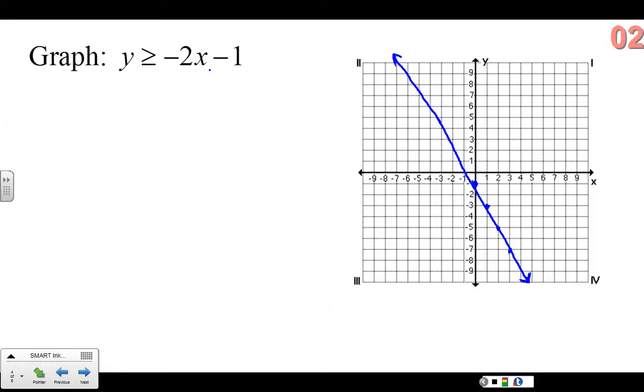So I'm going to pick a test point to decide which side I'm going to shade. How about the origin? The point 0, 0. If we plug that into the inequality, 0 is greater than or equal to negative 2 times 0 minus 1.